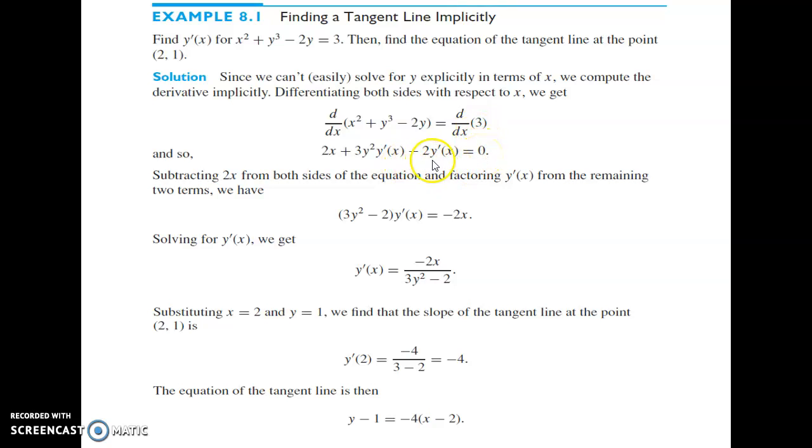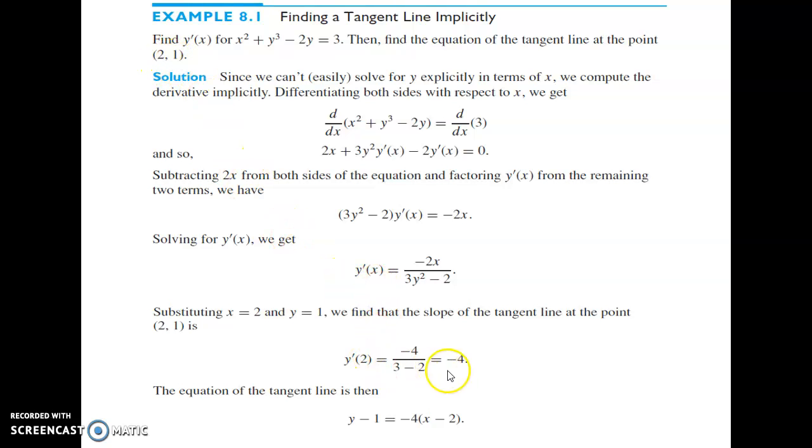So what I do is keep the terms containing y prime of x on the left, because there is a common y prime of x, and I bring this 2x to the right side as minus 2x. Then I take the common factor out, and then you have this. Then I cross multiply, so it is minus 2x divided by this, which is y prime of x. I found it. Now here I put x equal to 2, y equal to 1.